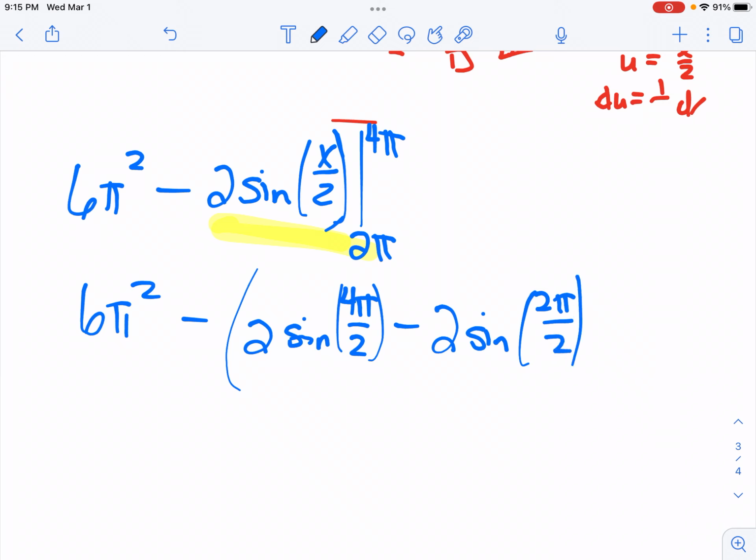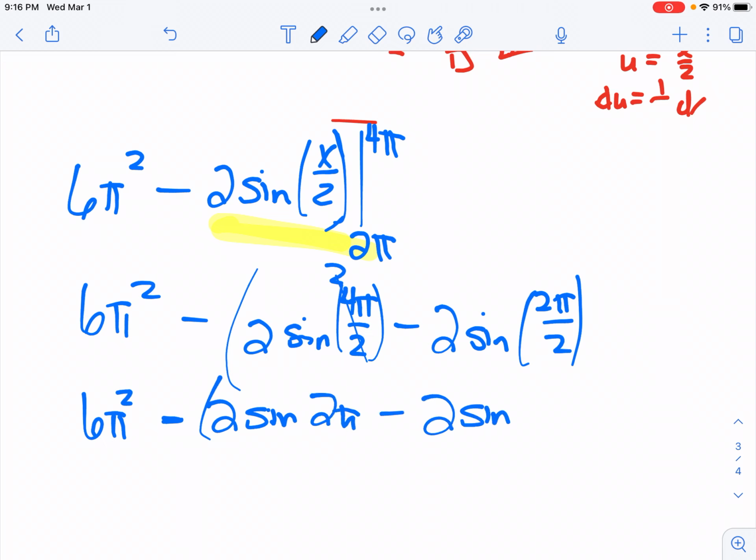That's 6 pi squared minus 2 sine 2 pi minus 2 sine pi.